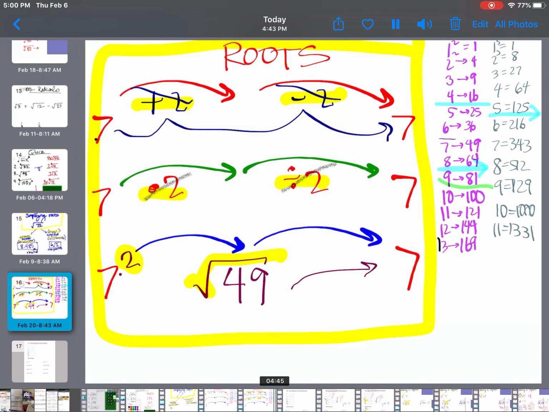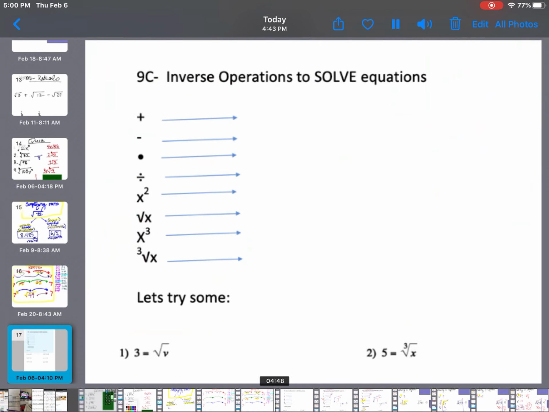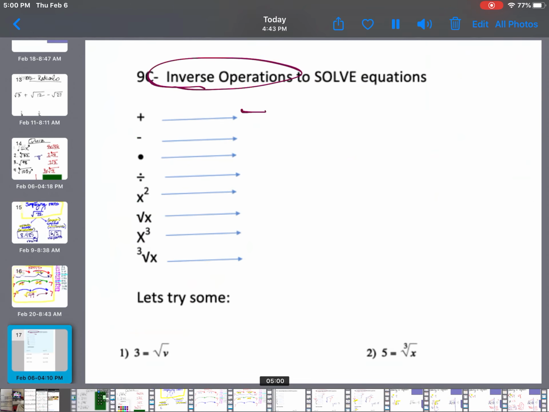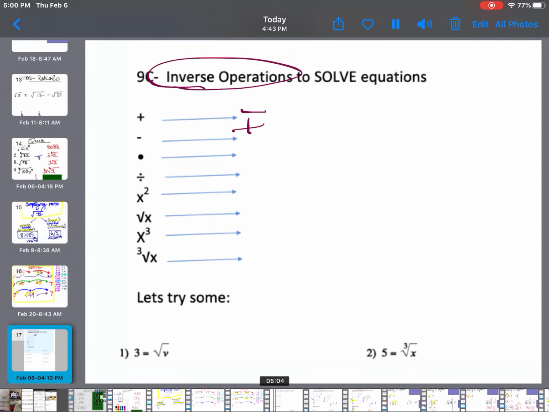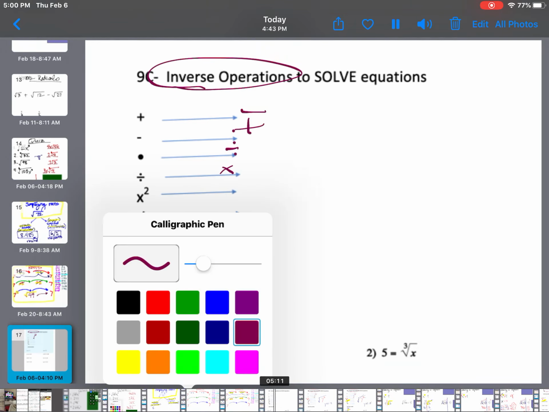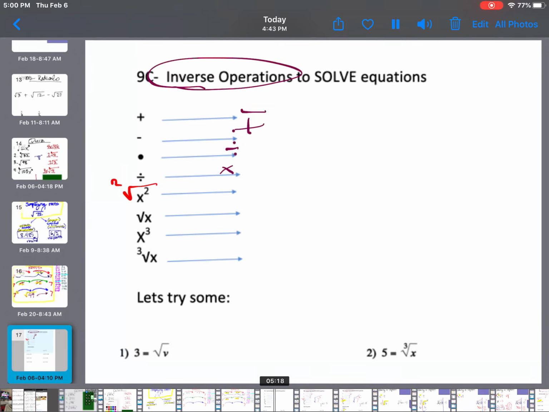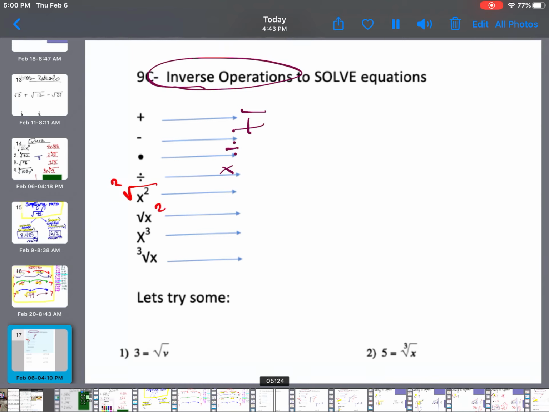So let's write this on the next page. Flip over to the part that says 9C in your notes. And we are going to write what the inverse operations of each of these things are right here. Now, when we get to squared, we know the inverse of squared is square root. And we also know that the inverse of square root is squared.